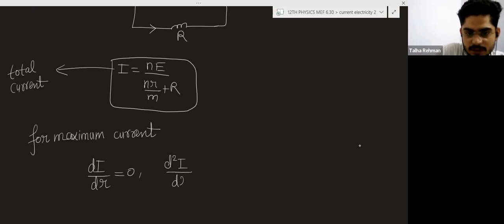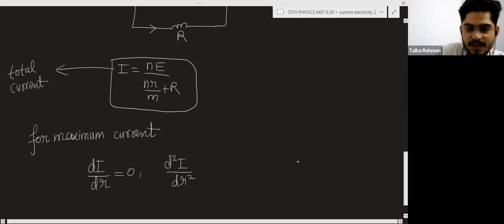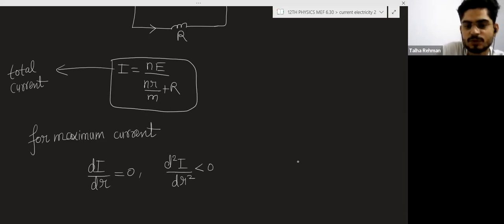This is double differentiation, and if it comes out less than 0, then there will be maxima.